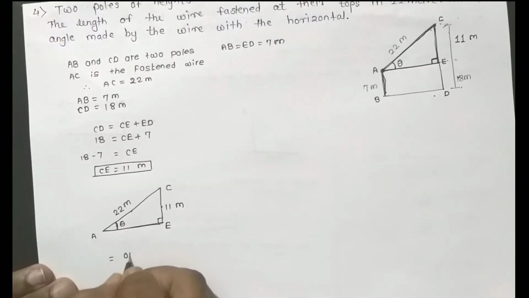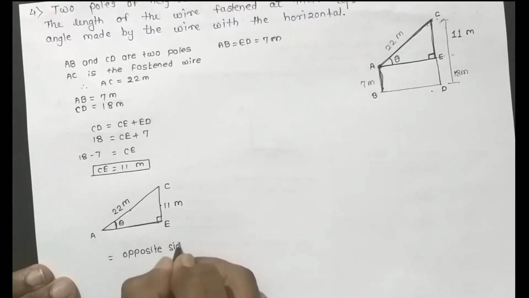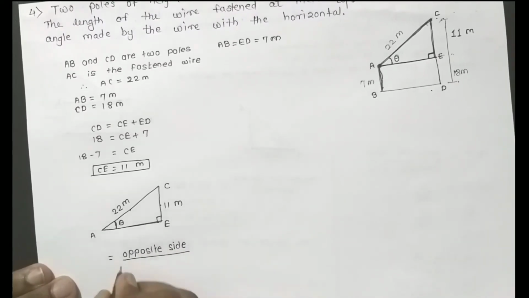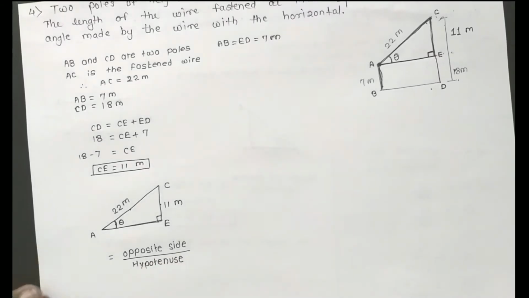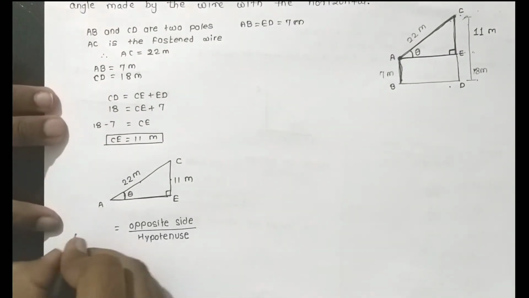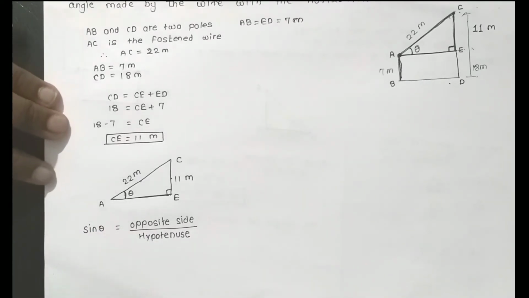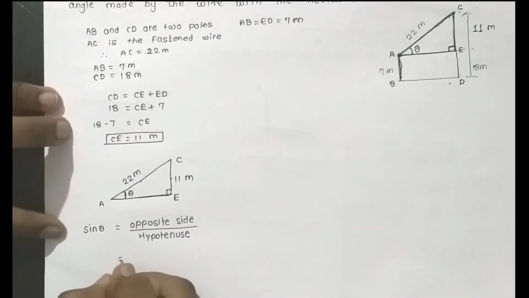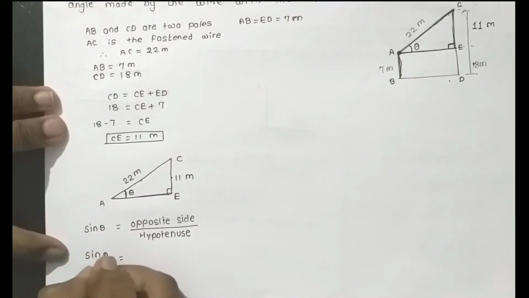So I write opposite side upon hypotenuse. Opposite side upon hypotenuse is the ratio of sine theta, right? So sine theta is as it is.